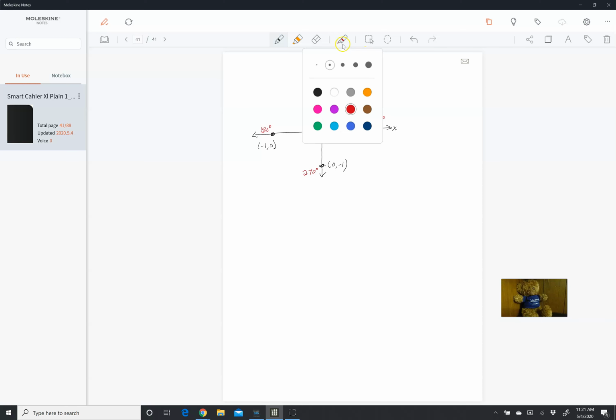So if we go back to what we know about radians, when you start the circle, you're at 0. And when you go all the way around, you're at 2 pi. Over here, you're at pi over 2. 180 degrees is pi. 270 degrees is 3 pi over 2.